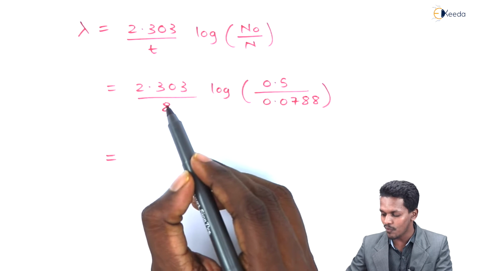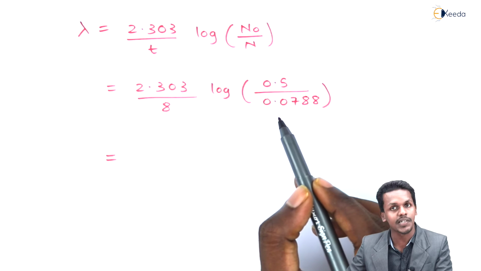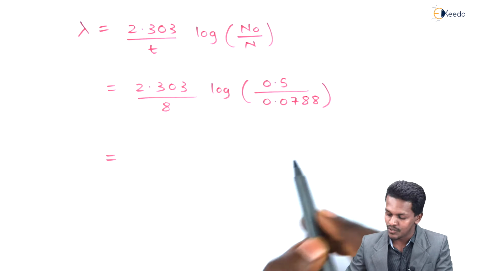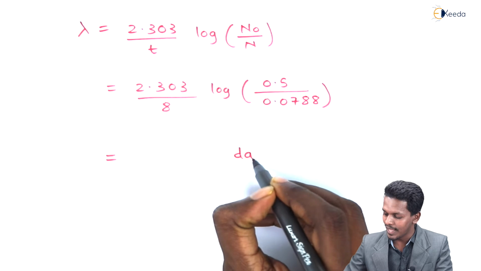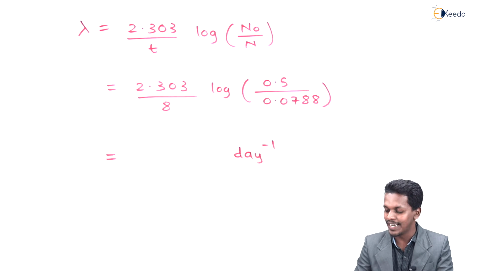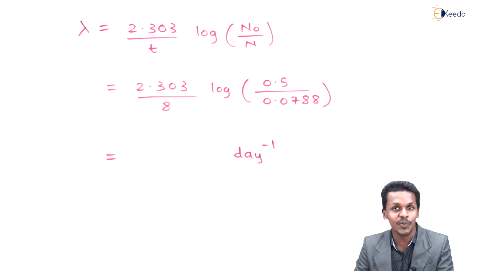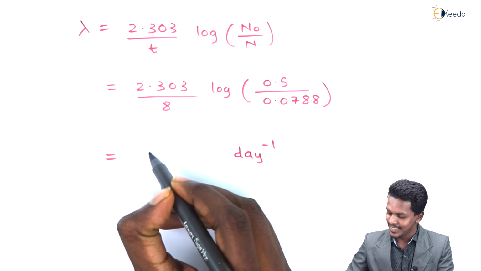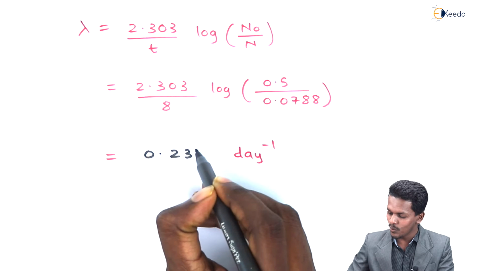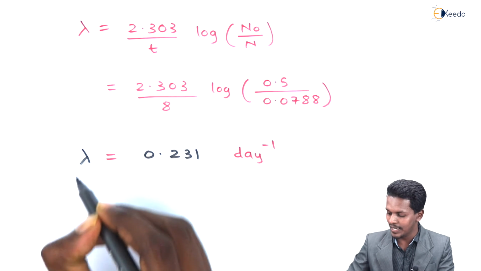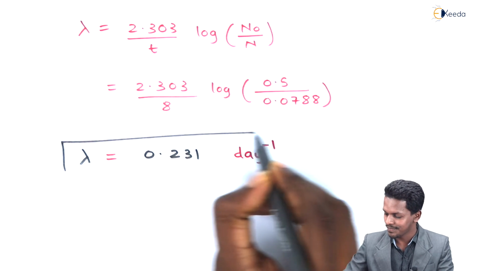Since the duration in which this change occurs is in days, this will have a unit of day inverse. So let us calculate this and see what answer we get. We have got the value 0.231 day inverse for the decay constant.